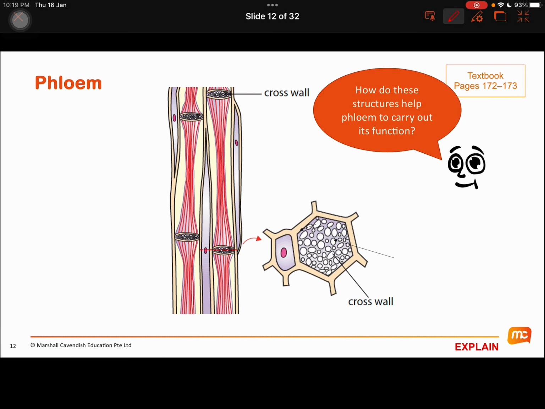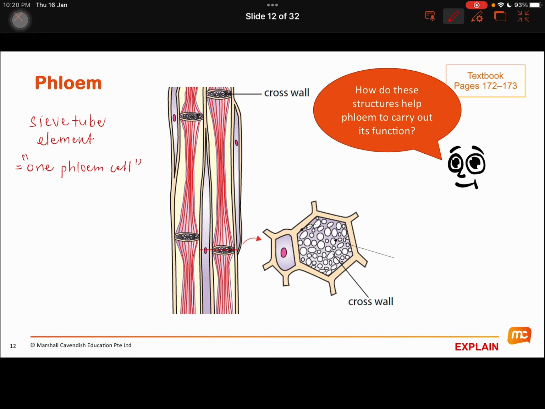Alright, so how do we understand this? Similar to xylem, where many different dead cells fuse together, what you see over here are known as sieve tube elements, which simply refers to one phloem cell.